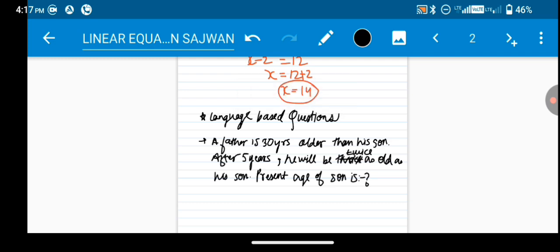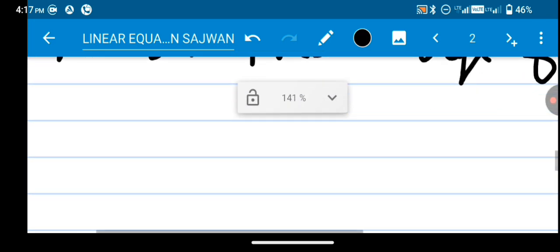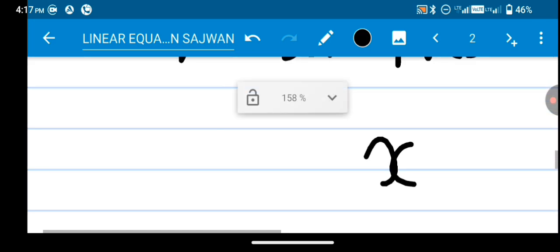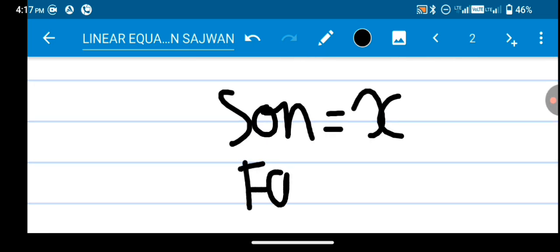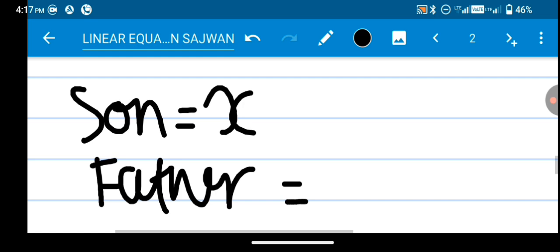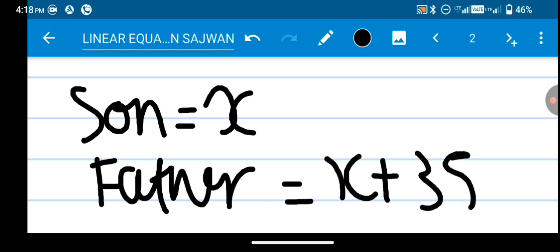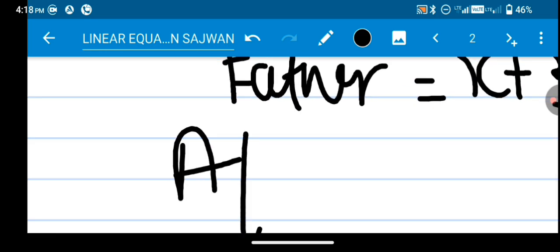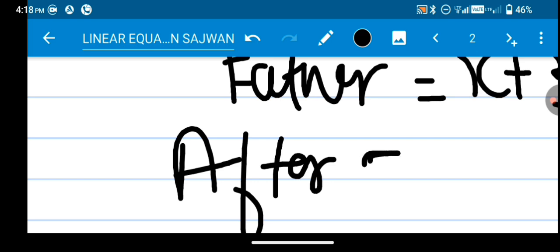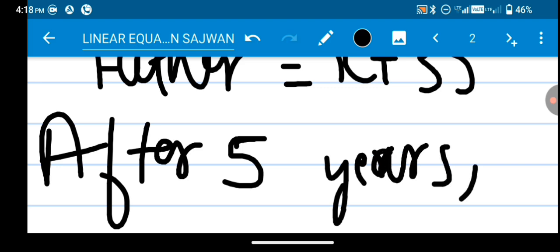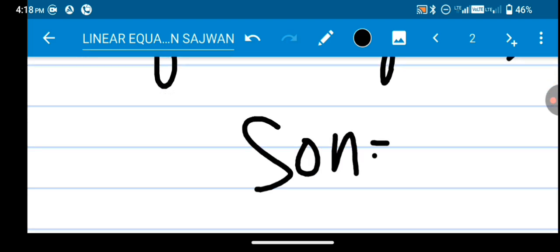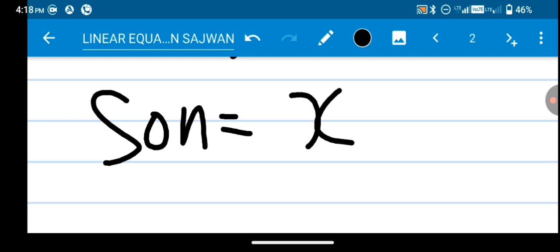A father is 30 years older than his son. Suppose we take the age of the son as x, then the father will be x plus 30. After 5 years, the son will be x plus 5.